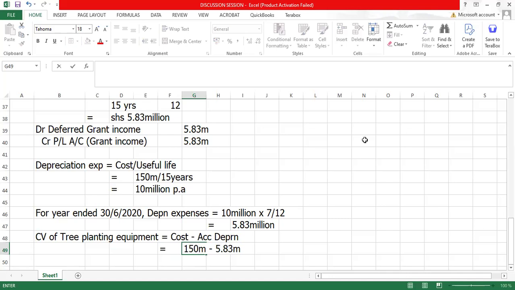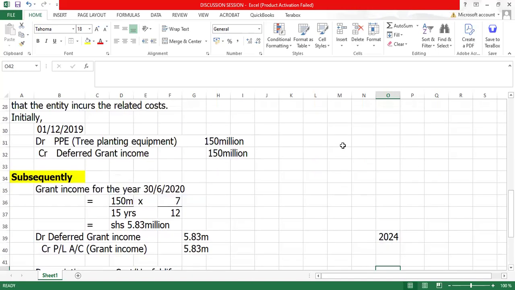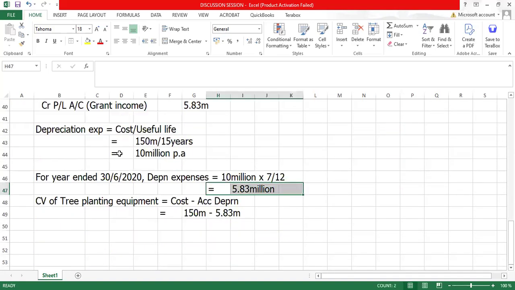But you see, sometimes assume you're handling a question for the year ended 30th June 2024. It means that here you must get the accumulated depreciation from 2019 to 2024. The depreciation each year is 10 million. So if you're looking at 4 years, then you multiply by 4.